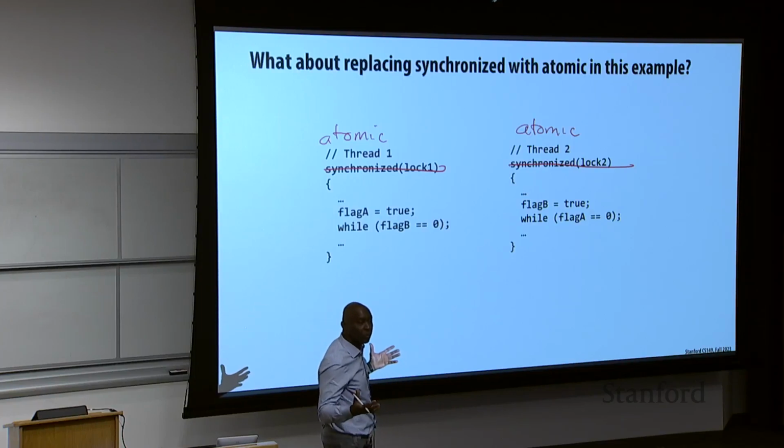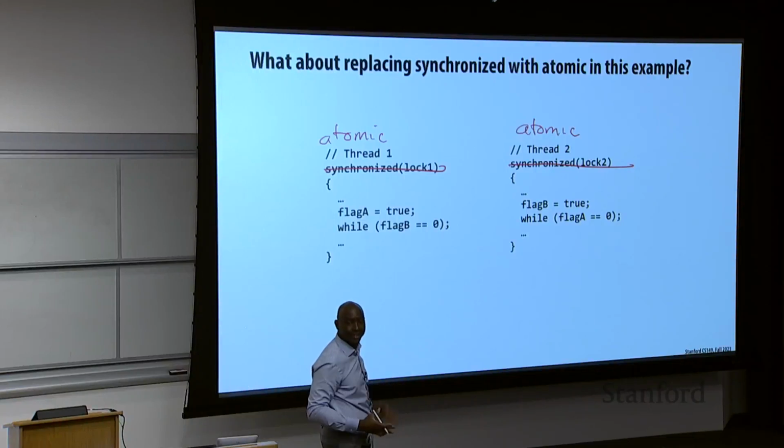Why? What do we know about the semantics of atomic? Everything that's in that block has to happen all at once with respect to an observer. So atomicity, what's the second one? What's the second property we talked about? Isolation. So what does isolation say?